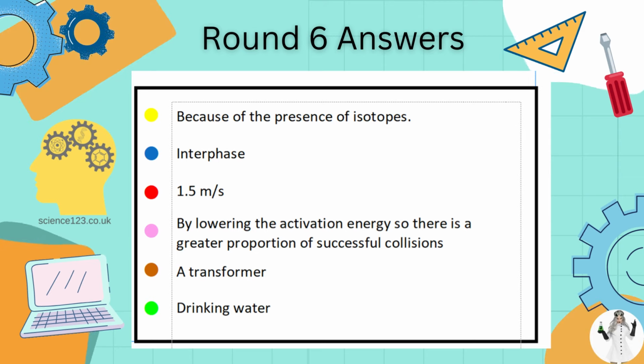A catalyst increases the rate of a reaction by lowering the activation energy so that there is a greater proportion of collisions that are successful. The device used to change the size of an alternating voltage is called a transformer, and potable water is drinking water.